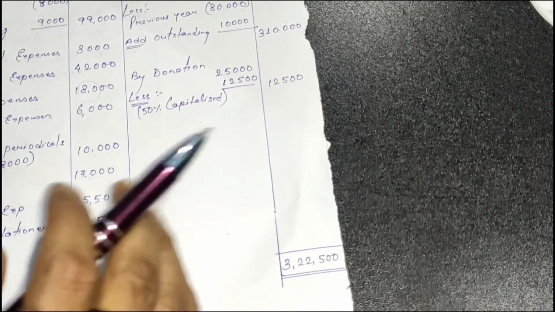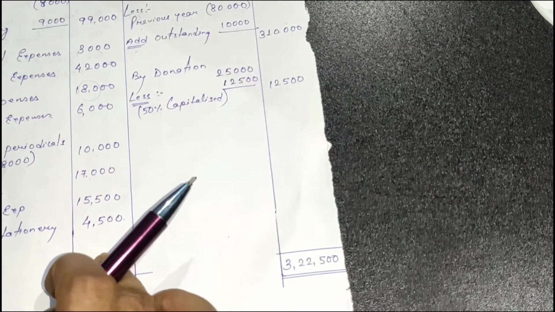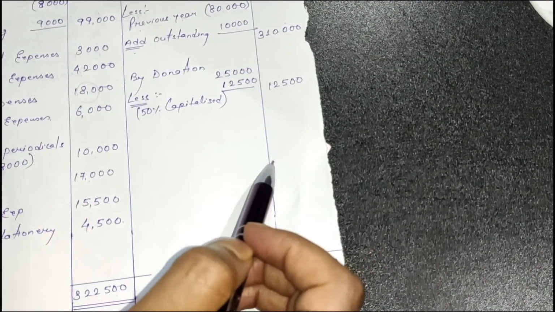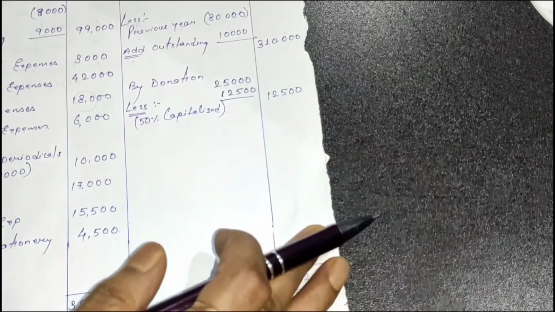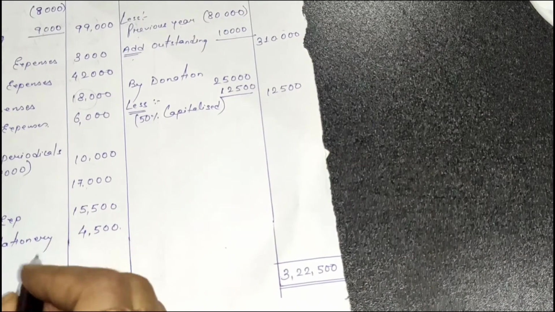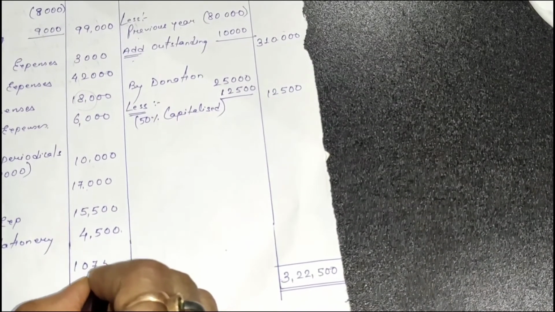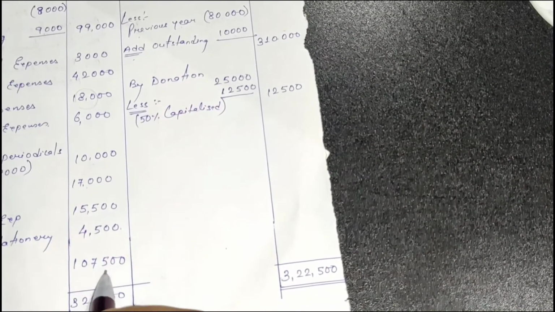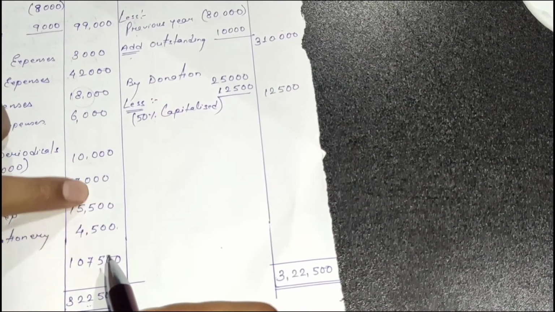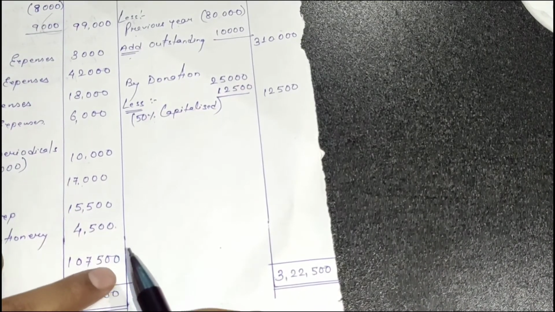Now students, remember that if your income side is bigger, your balance amount will come here, that will be surplus. And if your expense side is bigger, your balance amount will come here, that will be called deficit. So in this question, our income side is bigger, so our balance amount will come here. So the balance amount is 107,500. So how did I get this? From this total amount, I have subtracted all these amounts, and then I got this balance 107,500.